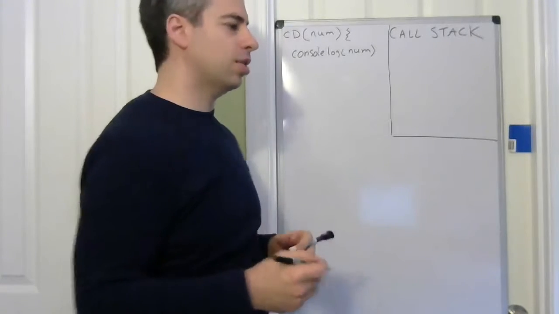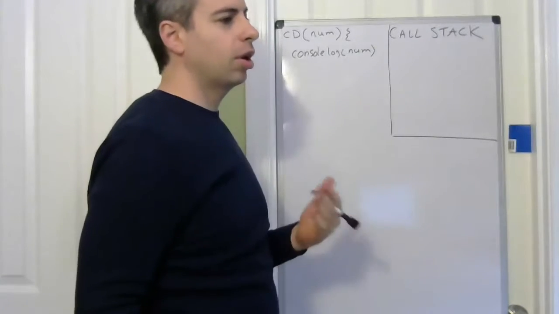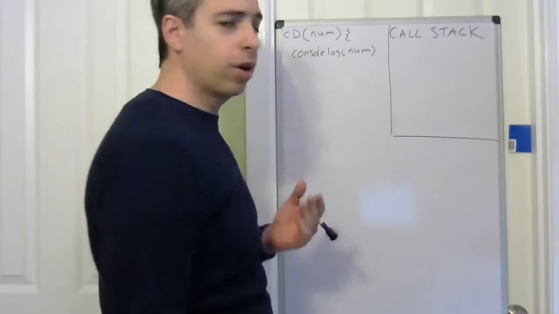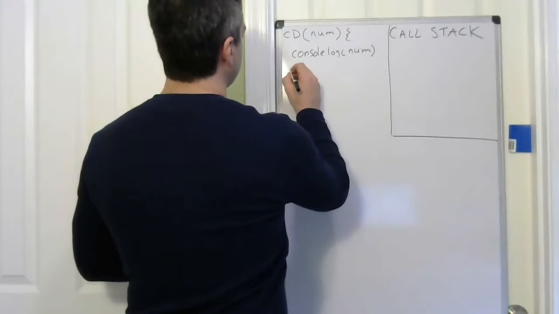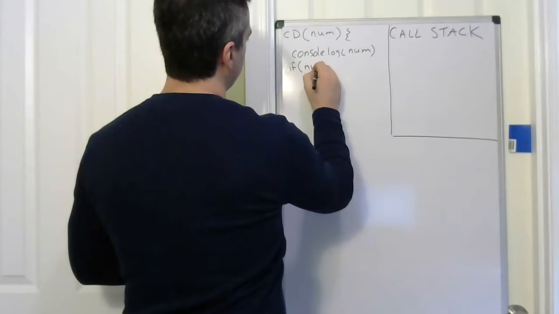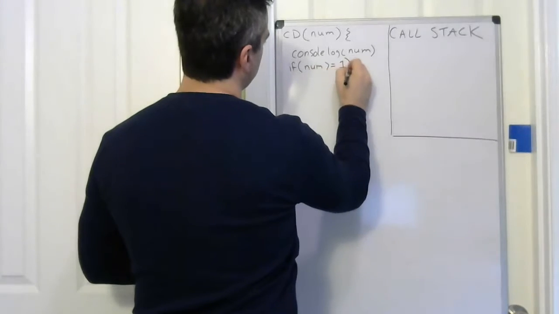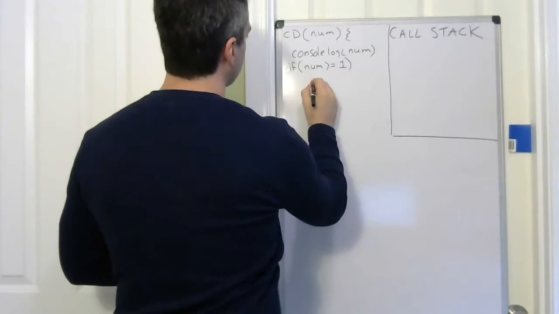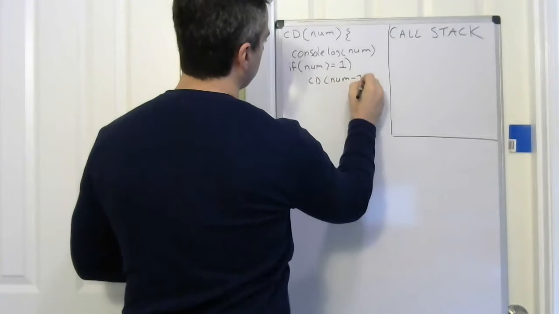The first question to ask, and this isn't the main part of this video, is how do we count down? Well, if num is greater than or equal to 1, keep counting down, but with num minus 1.